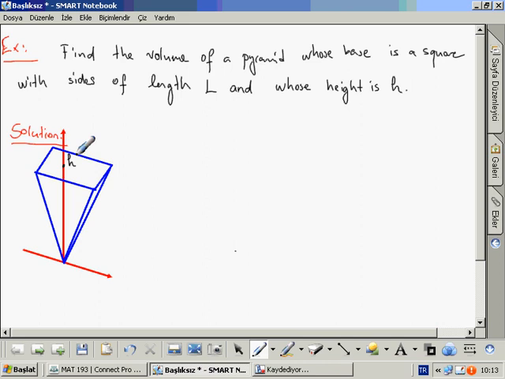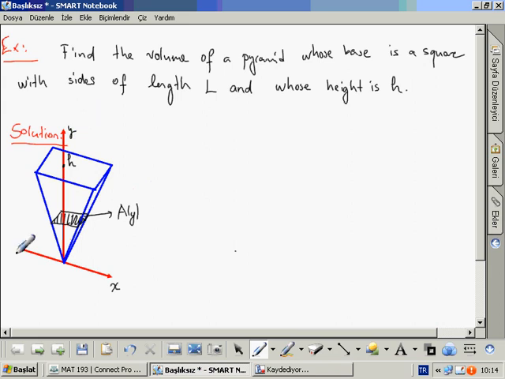This part is h, the height of the pyramid, and here is a surface, as you see, which is A of y. Okay, and this part is x and this part is the y-axis.